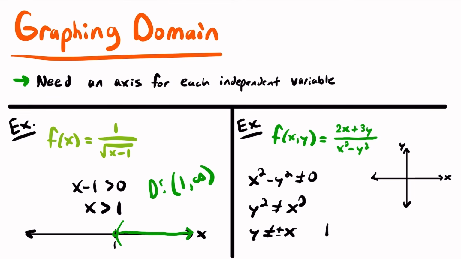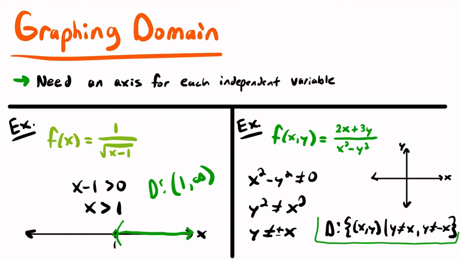The domain that we found here is the set of all points xy such that y is not equal to plus or minus x. All right, and you could write it like that, or you could write it like this. Y cannot be equal to x, and y cannot be equal to negative x. I'll write it like that, because technically you would get two equations from this, or two different statements involving that does not equal sign.